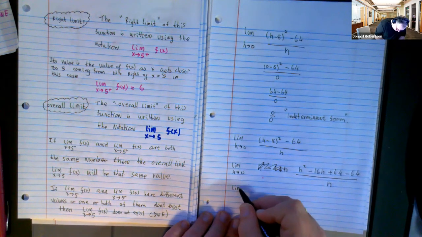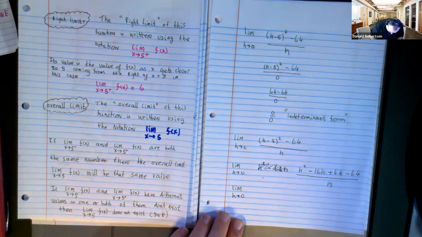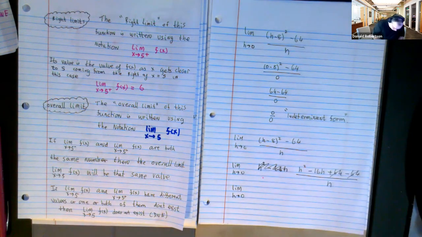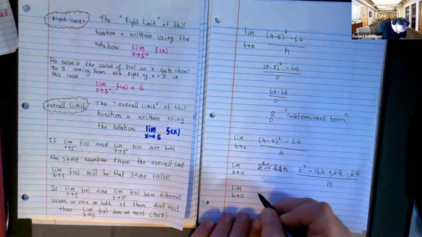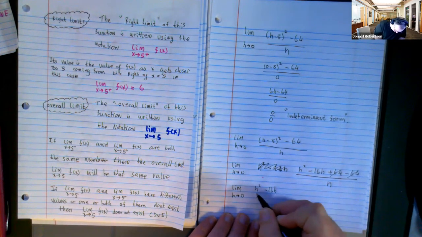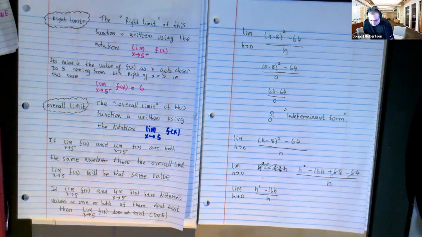You get the limit as h tends to 0. Now, if you cancel this guy with that guy, would you agree that they cancel out? You now have h squared take away 16h over h. And you might think, well, that didn't help much, because if I plug 0 into that, don't I still get 0 over 0 indeterminate form, and we're no better off than we were?